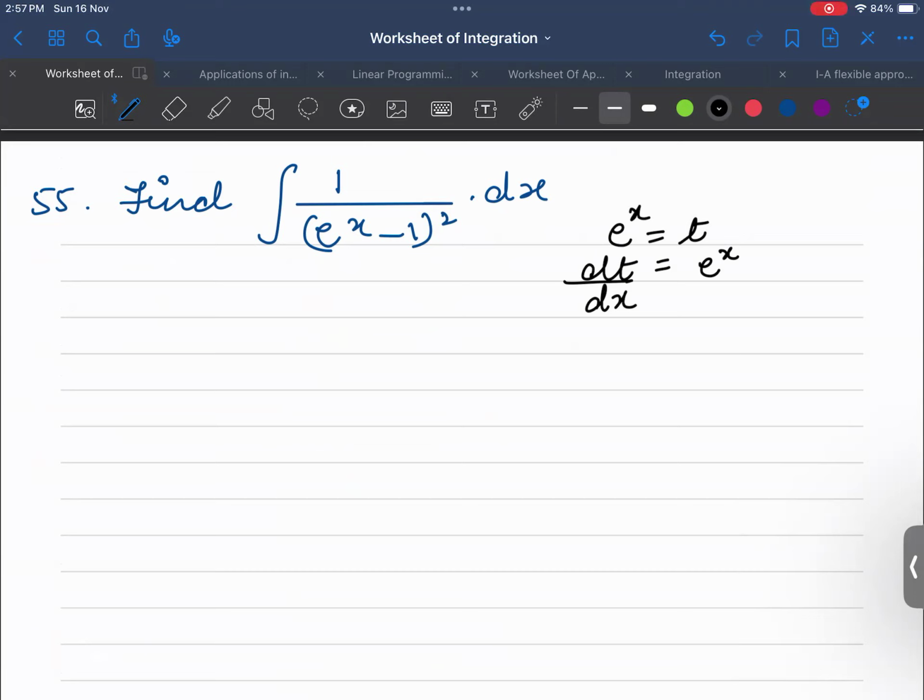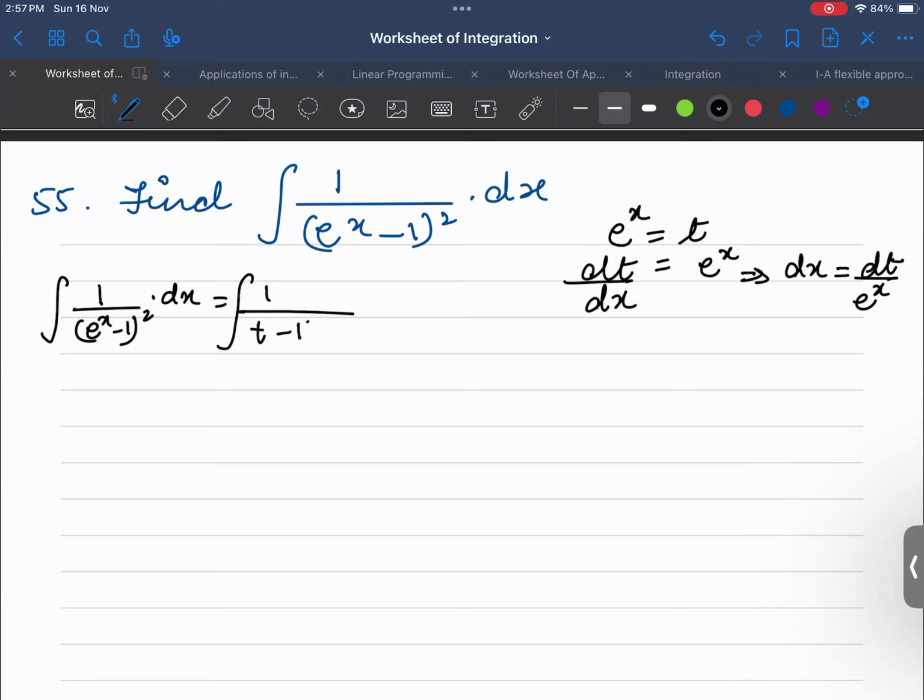Now when I solve it, dx equals dt upon e power x. I can write 1 upon (e power x minus 1) whole square dx as 1 upon (e power x minus 1) whole square.